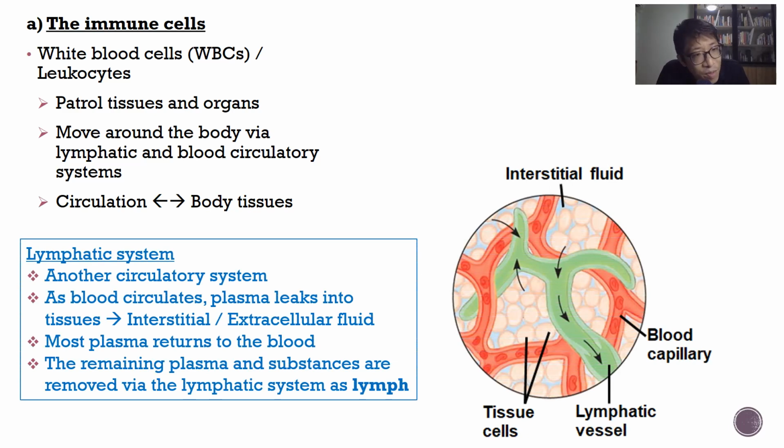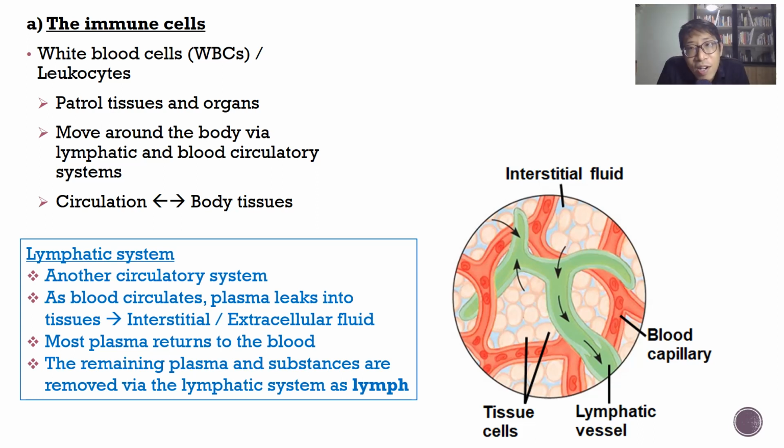So just a bit of info about the lymphatic system. If you recall your blood circulatory system, it involves blood, and blood is made up of many different cells, as well as a liquid called plasma.